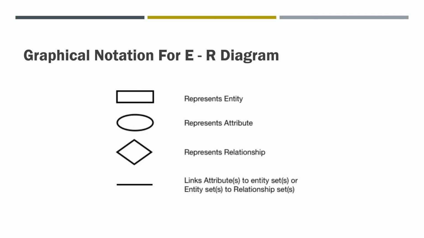An ER diagram or ER model shows the complete logical structure of a database. Coming to the relationship set, a relationship is an association between several entities. Then a relationship set is a set of relationships of the same type.